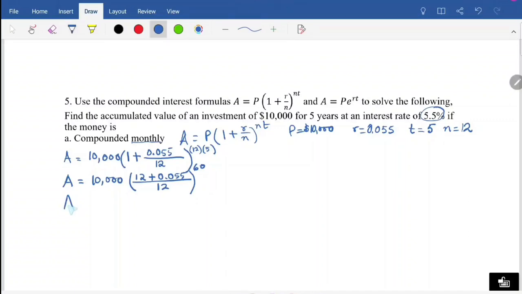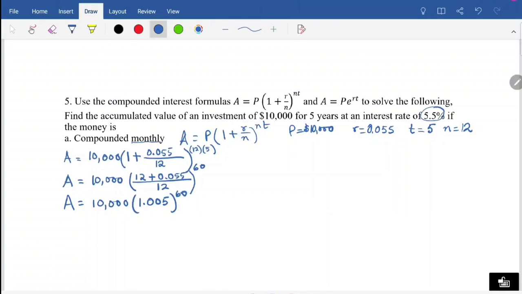Then let's continue with it. Simplify this further in the next step. I have 10,000. Now this bracket, 12 plus 0.055 divided by 12, is 12.055 divided by 12. And when we do the calculation on our calculators, I got 1.005 within brackets raised to the power 60, right?